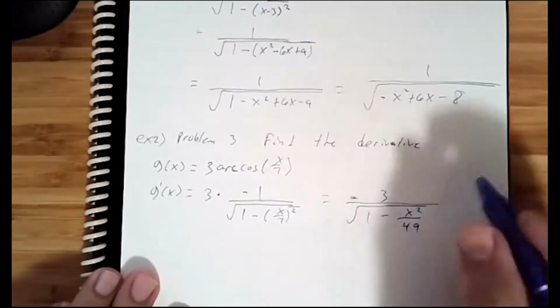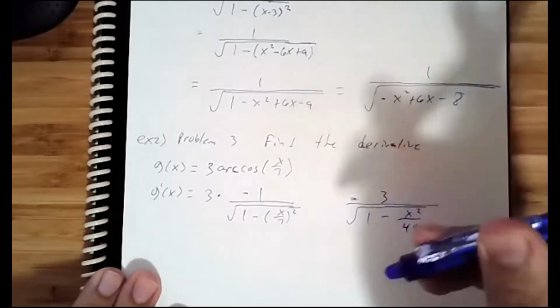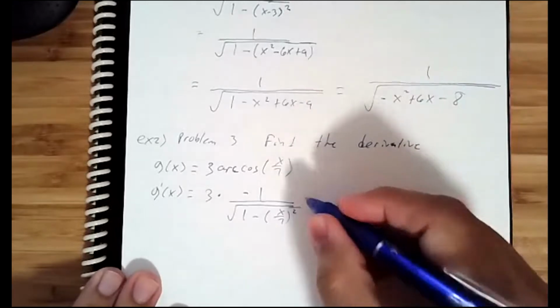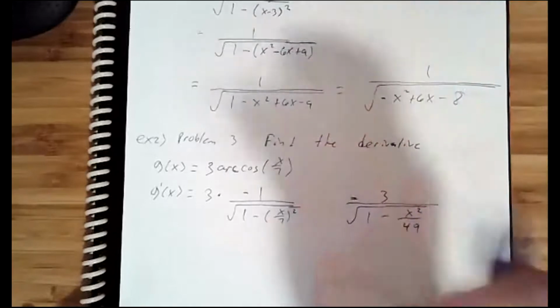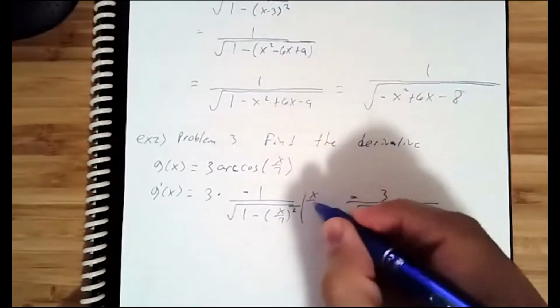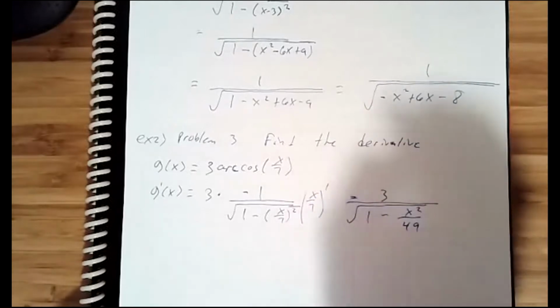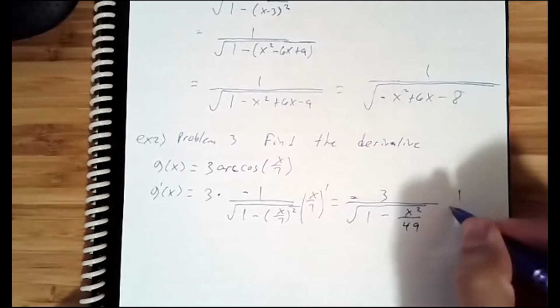So right here, everything's good. All you need to add here is to multiply by this derivative, which will give you 1/7.